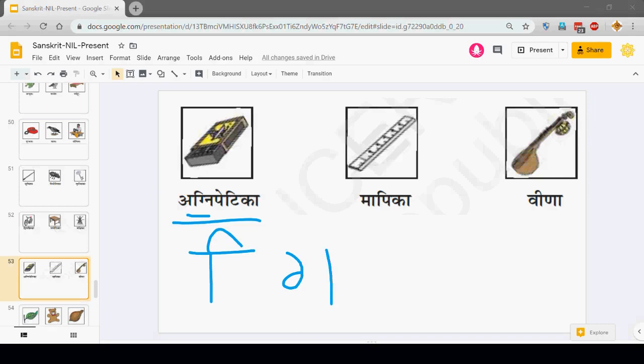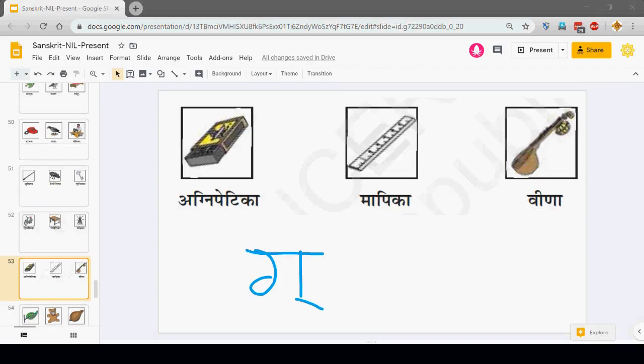It has lost its vertical line, and there is a na part. So pronounce this and then pronounce the vowel part. So Agni. If you write them separately, again it is the same: first the consonant without the vowel, then ni. Agni.